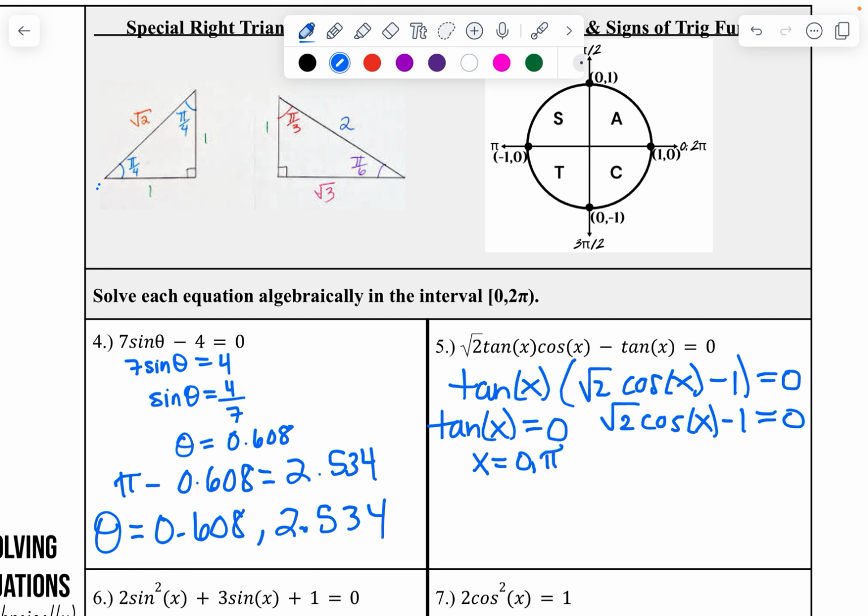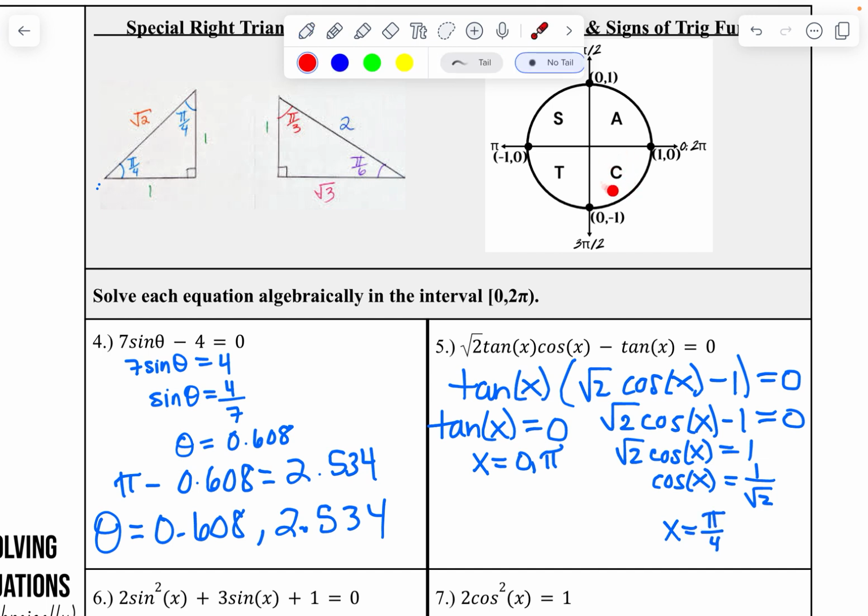All right, for our second equation, we'll add the 1 over. We'll divide by the square root of 2. So we're thinking about angles that provide a cosine of 1 over the square root of 2. So right away we know that's pi fourths. The other place cosine is going to be positive is down here in quadrant 4. And so to get our angle, we take 2 pi minus the reference angle.